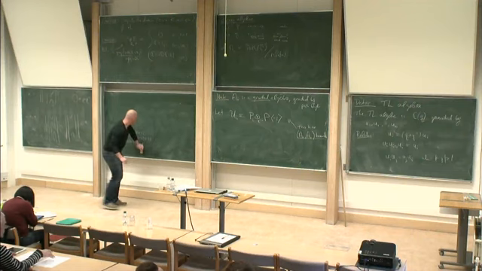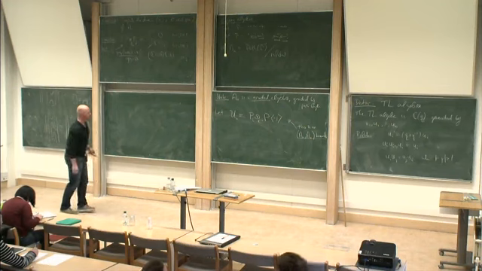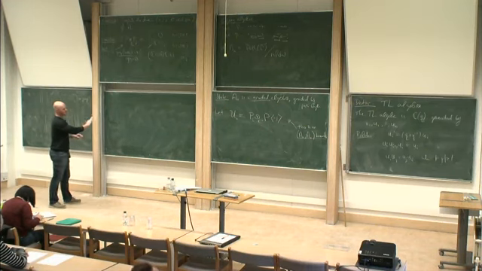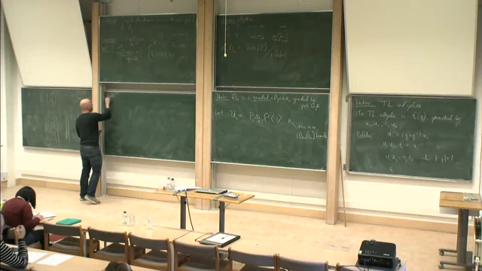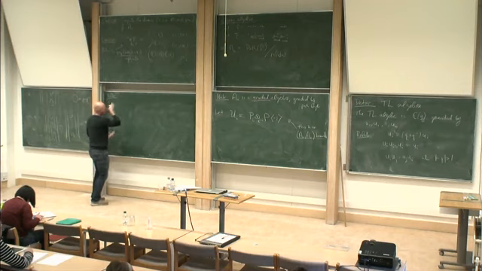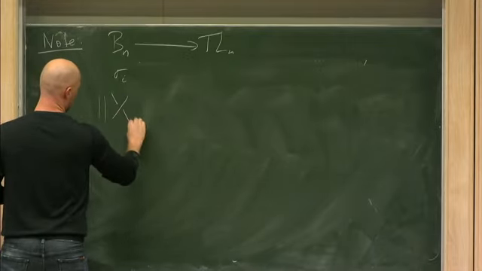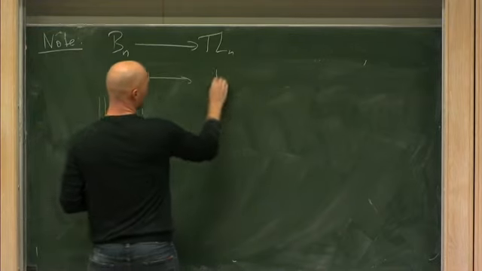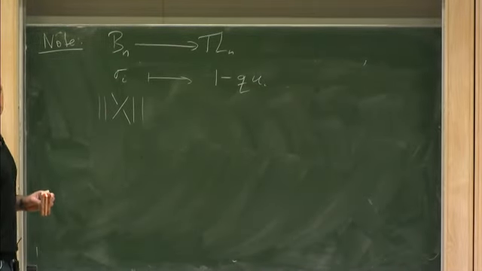Before I do the computation, I want to make one last point. Introducing the Temperley-Lieb algebra is very close to talking about the braid group. I'm not going to say too much about the braid group in this talk. I'll say a lot more about it at the beginning of the next talk. But as a bit of foreshadowing, there's a morphism from the braid group to the Temperley-Lieb algebra that takes the standard generator of the braid group to 1 minus q u_i. Ben, I think you want n minus 1 as opposed to n.